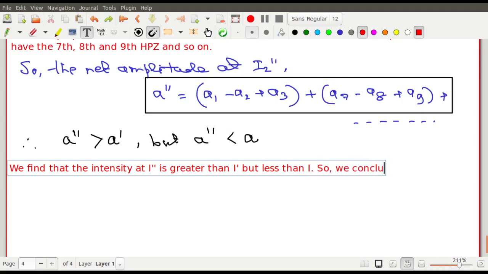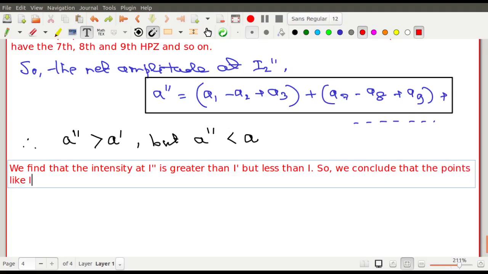So we conclude, final conclusion: the points like capital I, I double dashed, I 4 dash, and so on will correspond to more intensity than I dashed, I triple dashed, and so on.